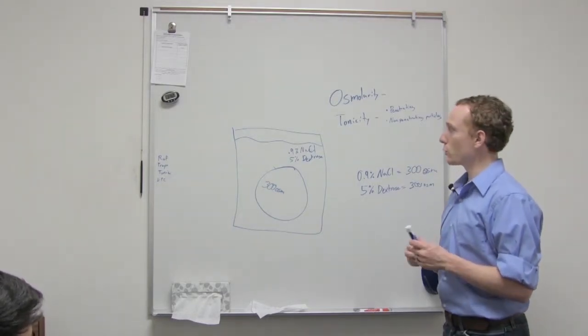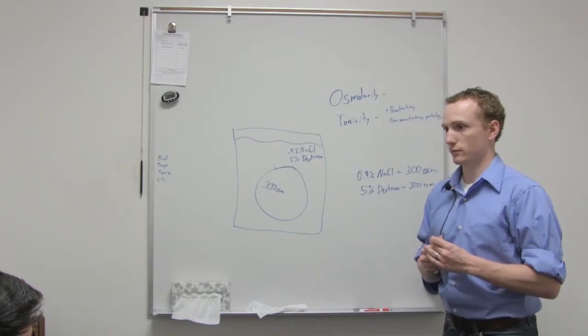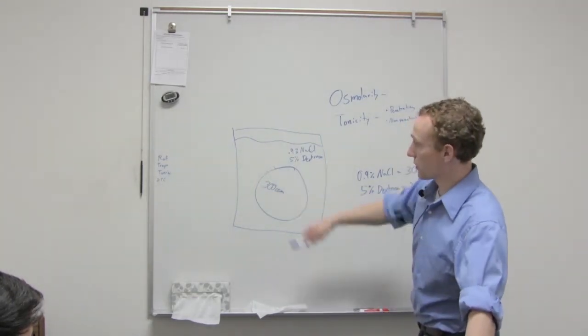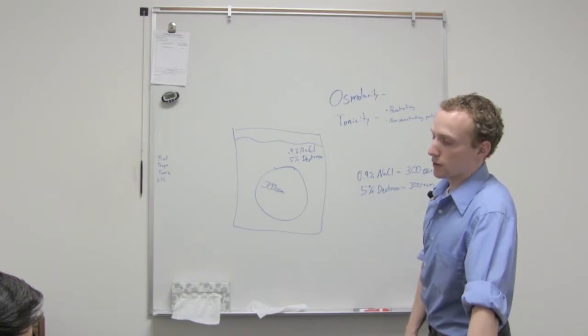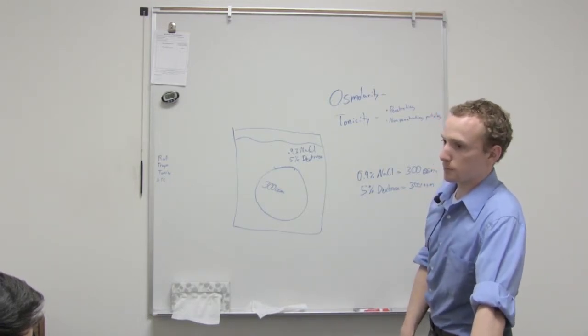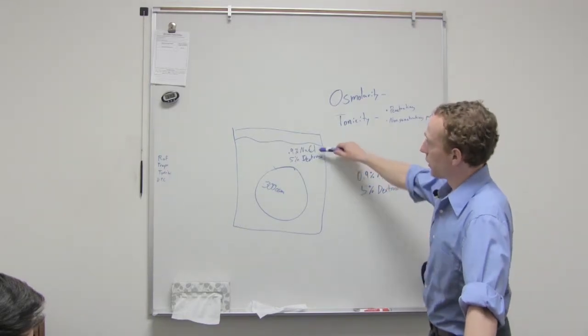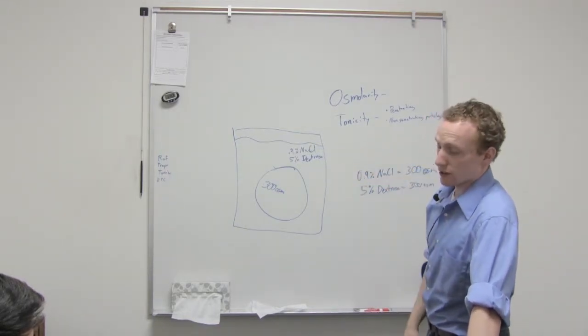Which one has more particles, the cell or the solution? Starting out, the solution has more: 300 plus 300, that's 600 osmoles.